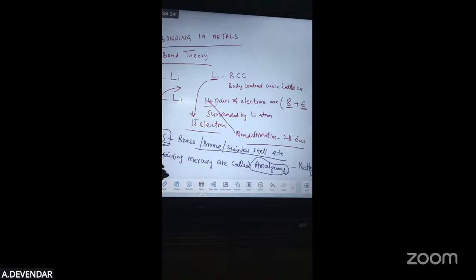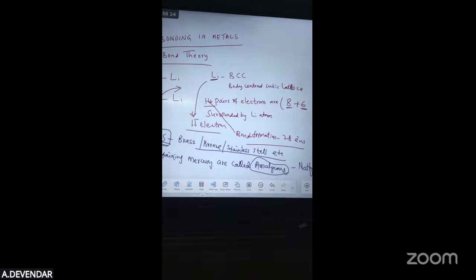Glass is an alloy, bronze is an alloy. Alloys are important because they are more resistive and do not have corrosive nature. Due to that nature, alloys are preferred.